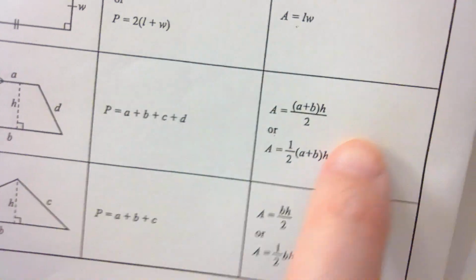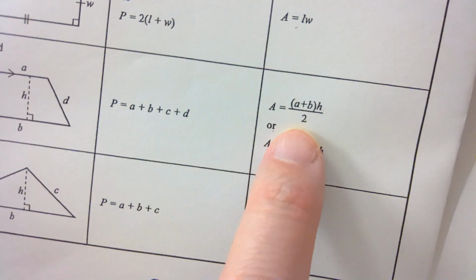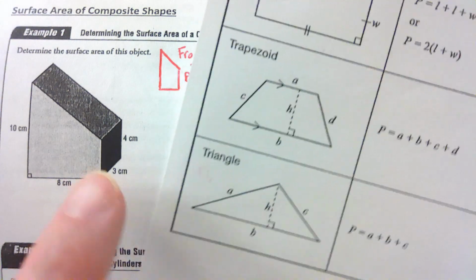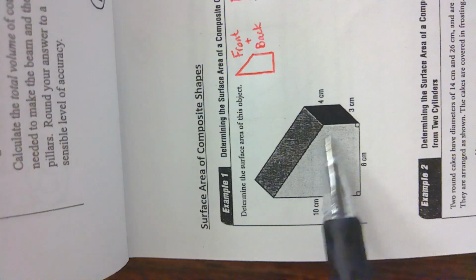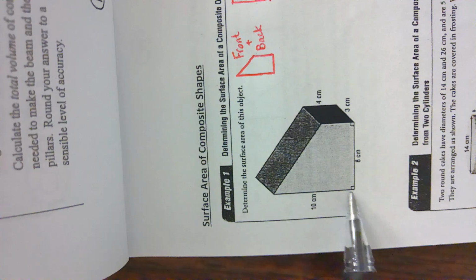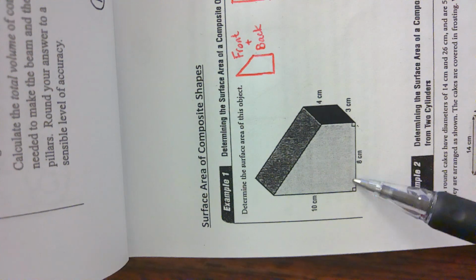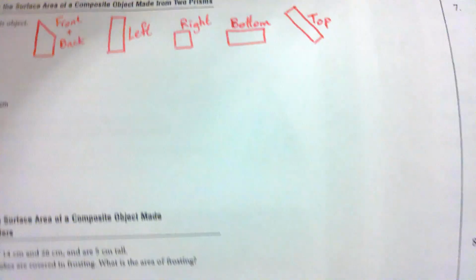So we could just simply use this one right here, A plus B times h divided by 2. If you look at this diagram and this diagram, you kind of have to turn this like this, so that you know this is A, this is B, and this is your height. Okay, so be careful with using a trapezoid.